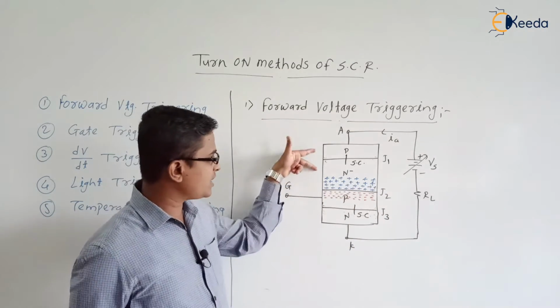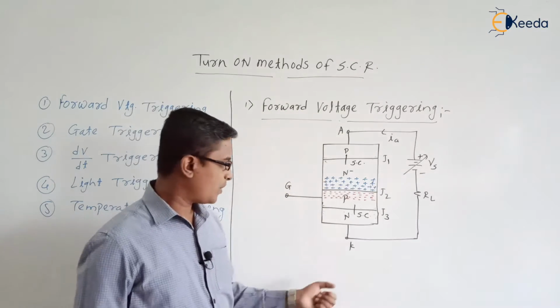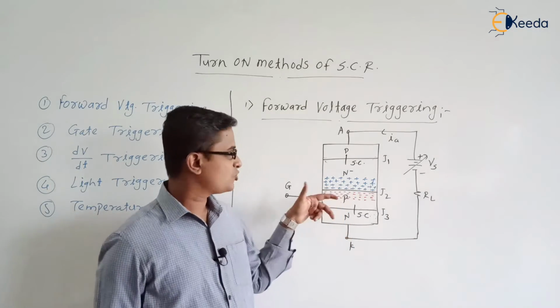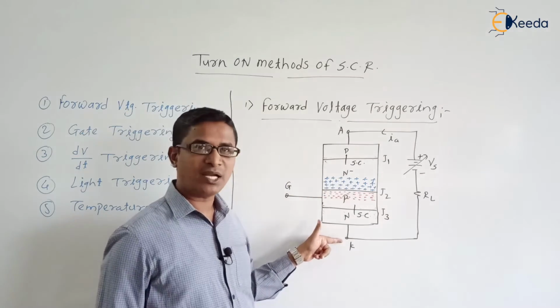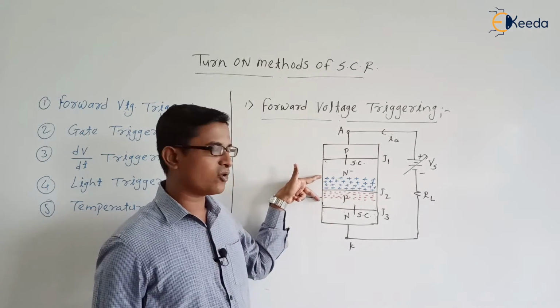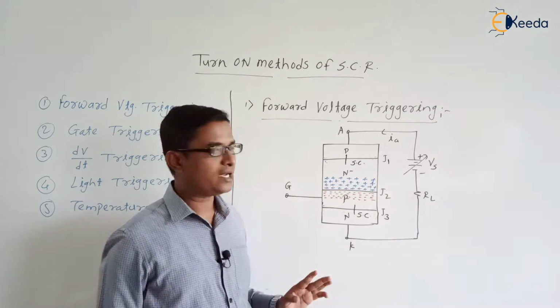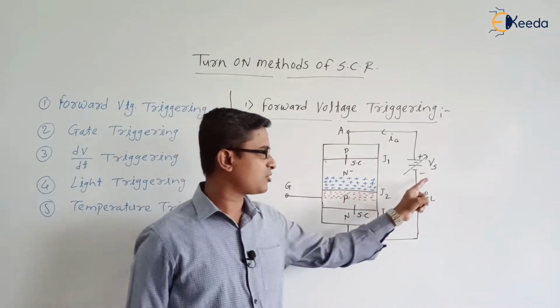As junctions J1 and J3 are acting as short circuits, whatever potential is here, the same potential appears at the n minus layer, and whatever potential is here, the same appears at the inner p type layer. So the voltage across the SCR is nothing but the voltage appearing across the depletion layer at junction J2. The voltage across the anode and cathode of the SCR is the same as the supply voltage.